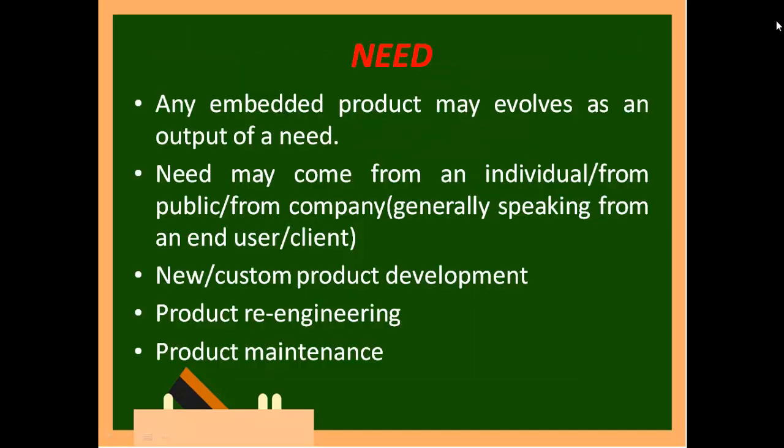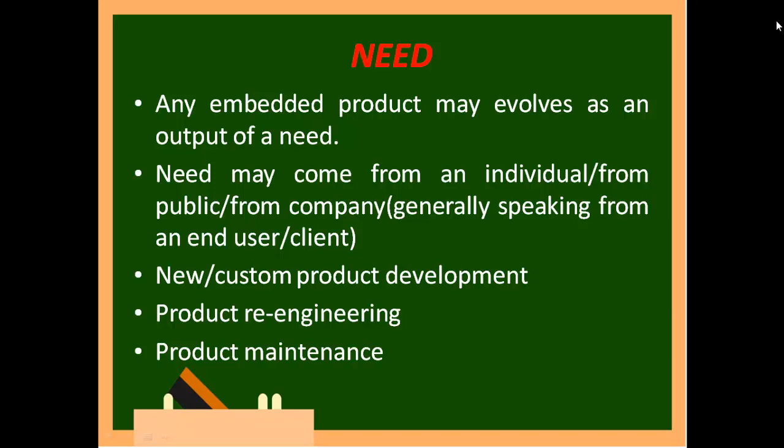So just a repetition, we have seen what is need. An embedded product may evolve out of a need. Need may come from an individual, the public, or a company. The product you are developing can start from an individual, can come from the public, or can come from any company who is facing any problem.